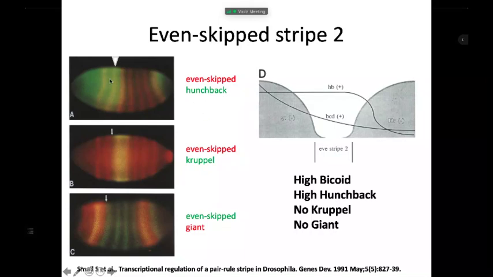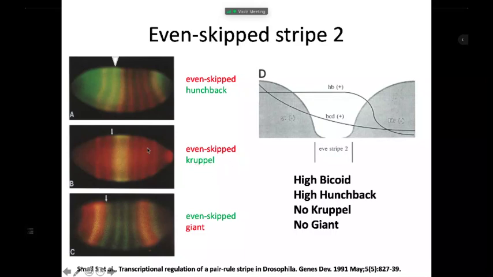So this arrow is pointing to the stripe 2. And we can see here by this antibody co-immunofluorescence stain that even-skipped and hunchback co-localize. We can see the yellow band here.